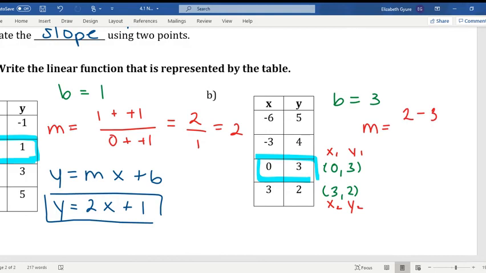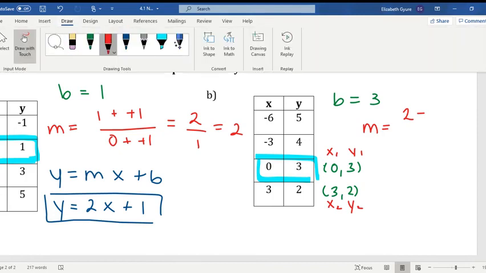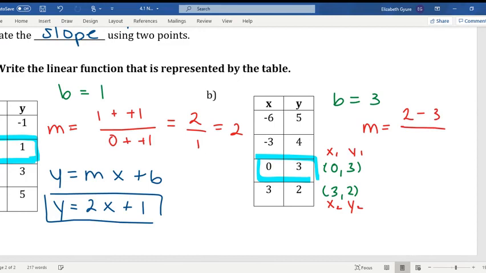Well, if you do 3 minus 2 on top, you have to make sure you do 0 minus 3 on the bottom. So just make sure you keep your order consistent. It doesn't matter either way, though. Just to keep it the way we've been doing it, I'm going to do 2 minus 3 over. And if I do 2 minus 3, what should I do on the bottom? 3 minus 0. What's wrong with that?